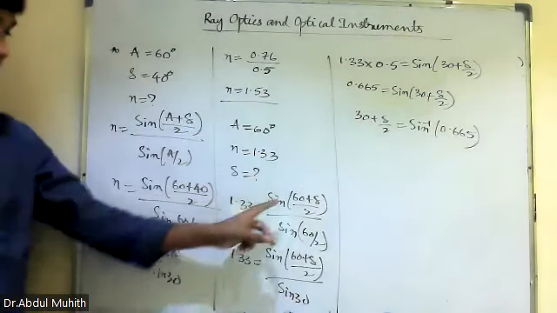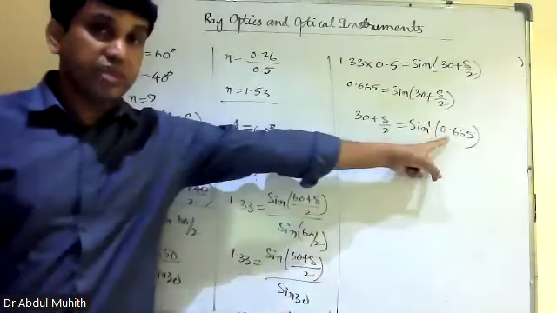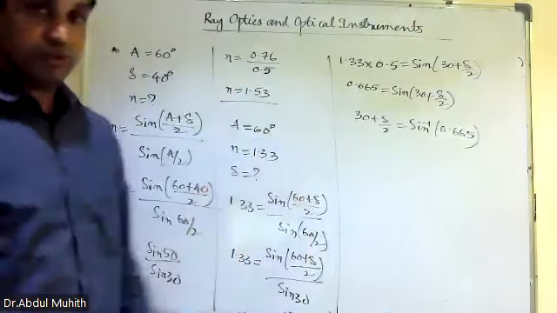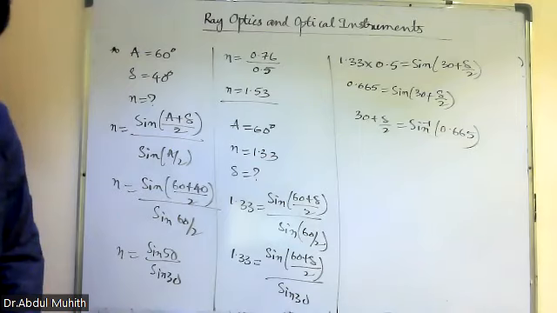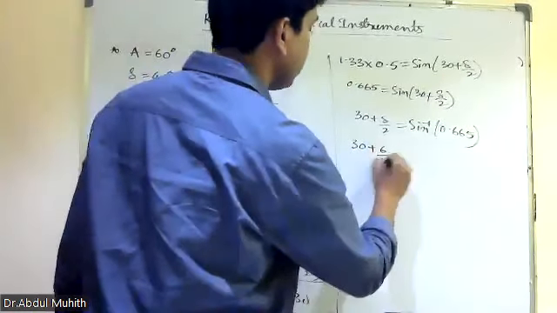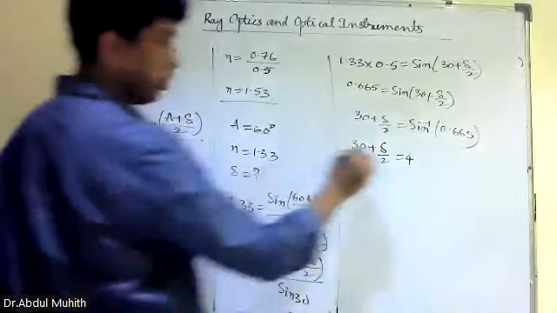It will come easily, like we'll get 0.5, and 0.5 means 30 degrees. I'll write those values also to make it simple. So 0.665 gives 41.68. So 30 plus delta by 2 is equal to 41.68.